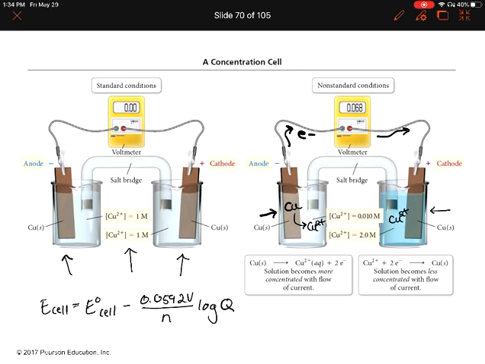We're not at equilibrium. So if Q is just equal to 1, which means the concentration of the products equals the concentration of the reactants, then this whole thing cancels out. It just becomes 0. So that equals 0 if Q equals 1. However, if we change the concentrations, then Q will have a value, and we can figure out what E cell is under non-standard conditions.